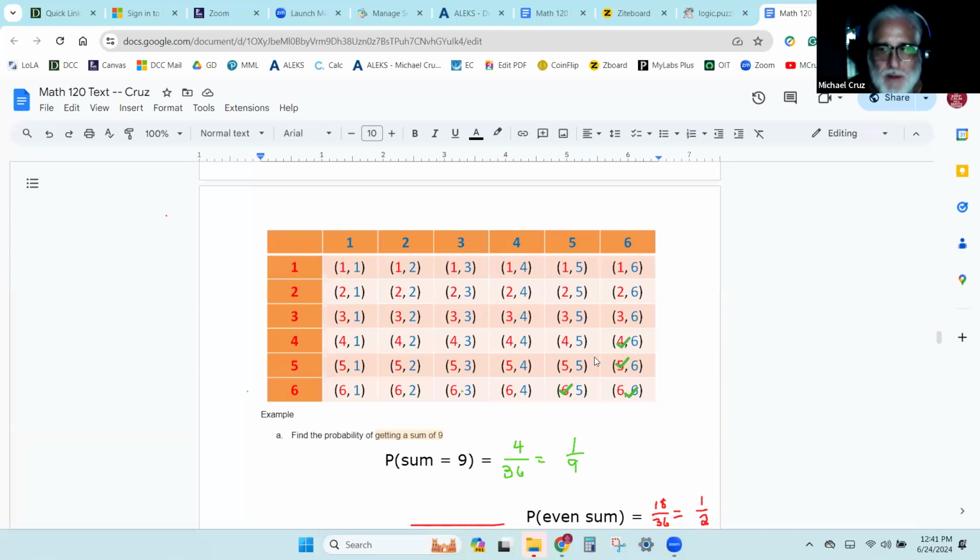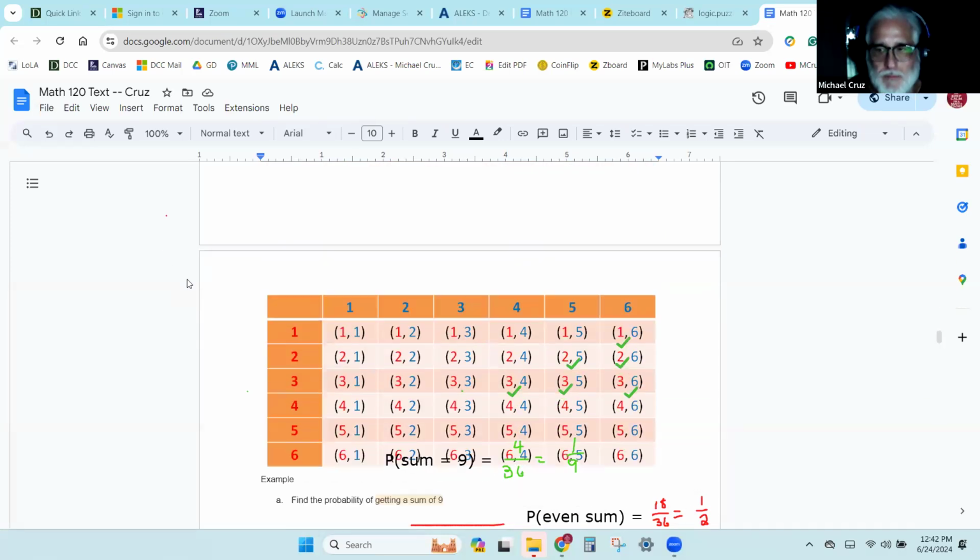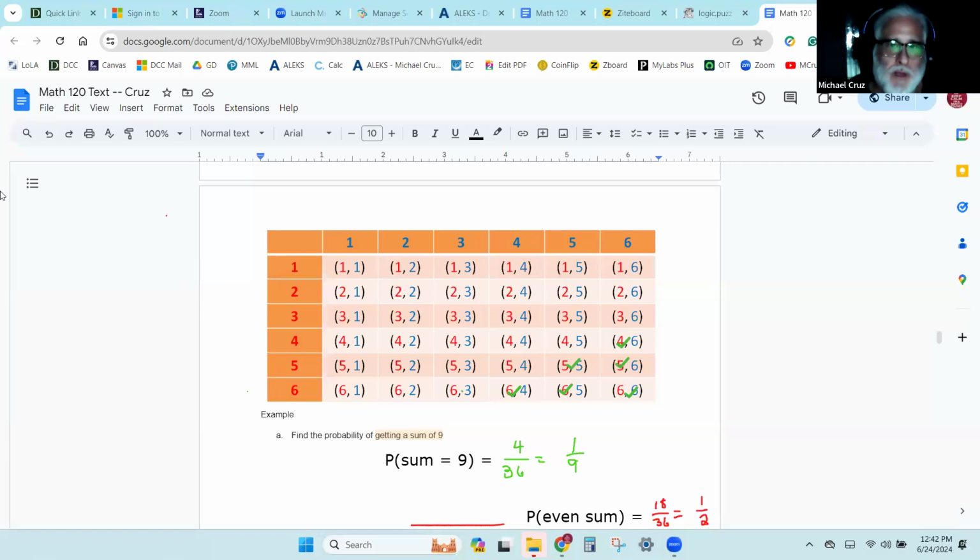Here's 10, 10, 10. What did it say? Did it say greater than 9? Oh, greater than 8. Okay, so I can keep going, because 9 is greater than 8. But it does not say greater than or equal to 8, so we're not going to include the 8 row. So it stops.